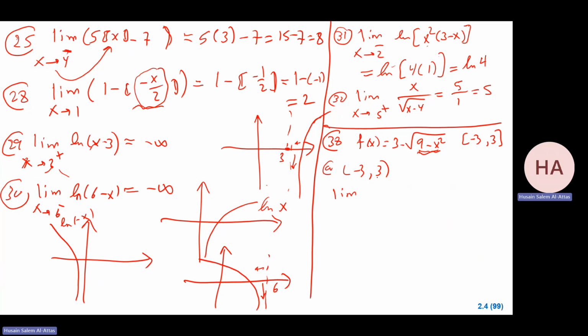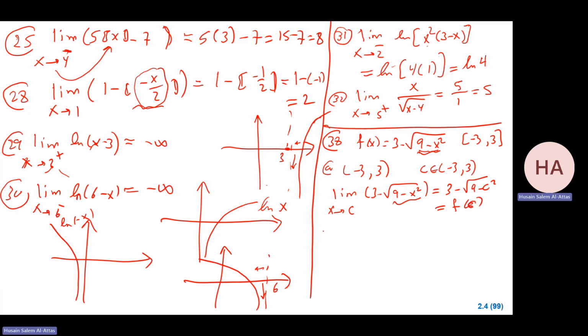So the limit takes c, any value c between minus 3 and 3. The limit as x goes to c, we'll just be substituting 3 minus square root of 9 minus c squared, since everything is defined, nothing to worry about, which is equal to f of c.